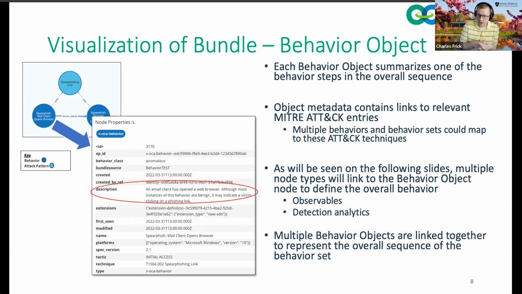At the start, one of the two big additions we've made is our behavior objects, the actual behavior STIX SDO, meant to describe a set of observed procedures that we call a behavior. We still maintain the links to MITRE attack patterns.